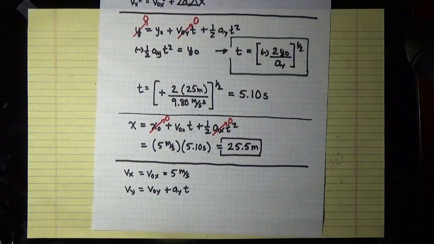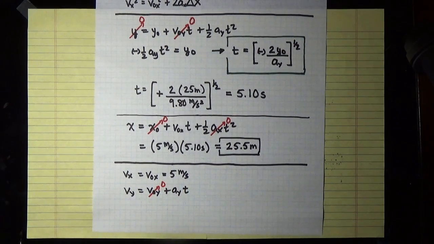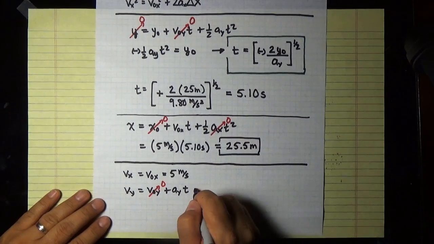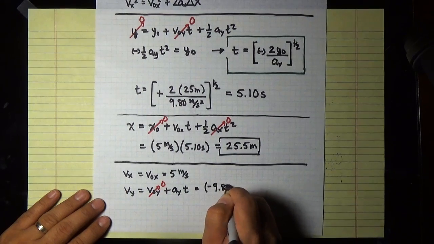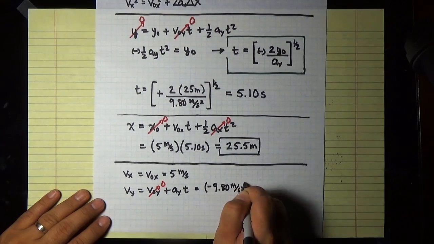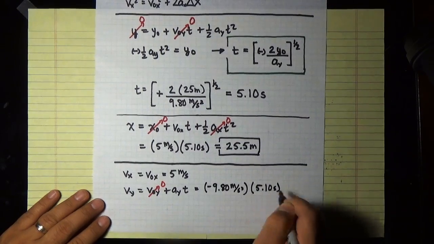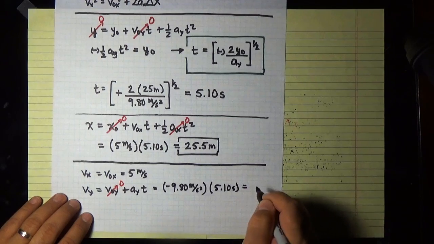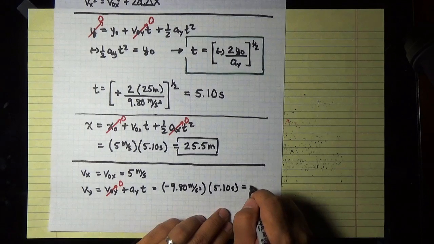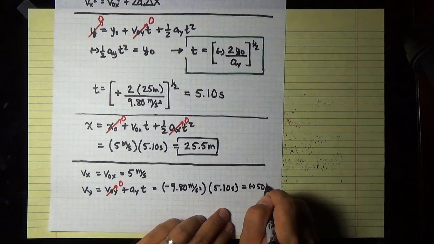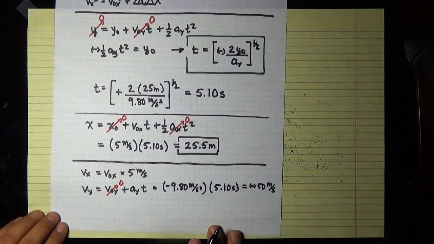V naught y in this case is initially 0 as part of the problem statement. And so I'm left with the acceleration in the y direction, which is minus 9.80 meters per second squared, times the time in the problem, which is 5.10 seconds. And if I work that out, I find that the speed in the y direction is minus 50 meters per second.